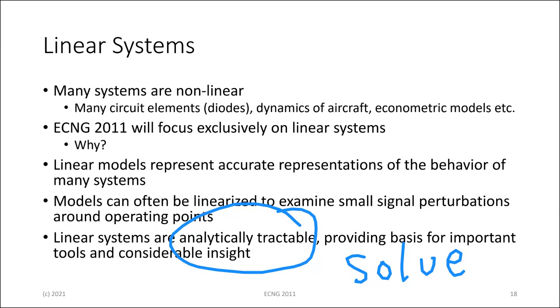And what they do normally in the more advanced courses is that after you deal with it in a linear way, you then use statistics and probability to say, okay, what are the chances that the real nonlinear system is going to behave in a particular way?